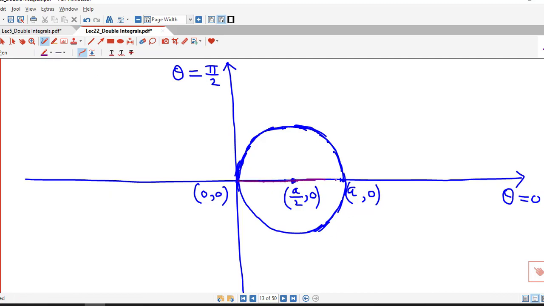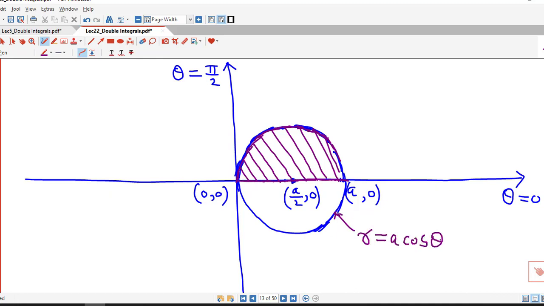So our region of integration is upper half of the circle. So we have to integrate over this region, and this is the circle r equal to a cos theta, whose center is (a by 2, 0) and diameter is a.